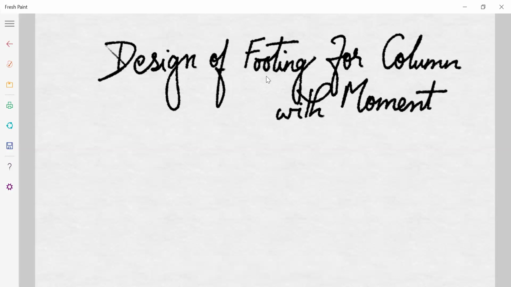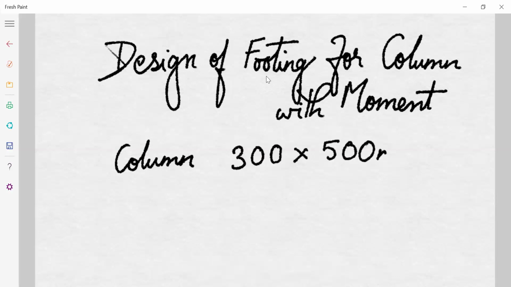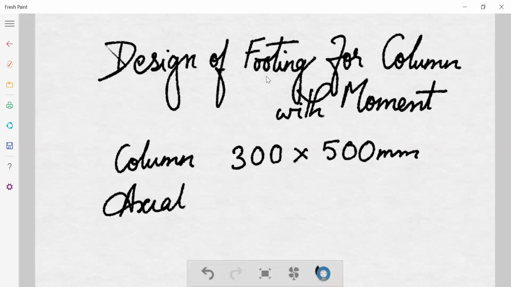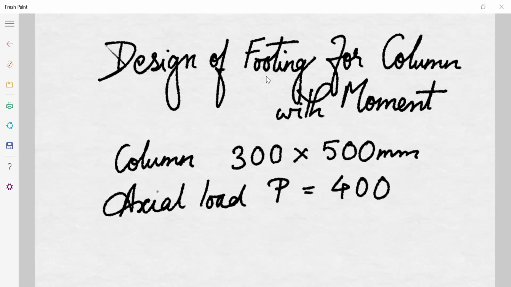So what are the given data? The column size is 300 by 500 mm. The axial load, if I consider it as P, is given as 400 kilonewton.